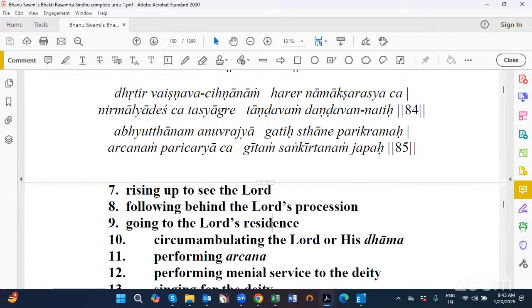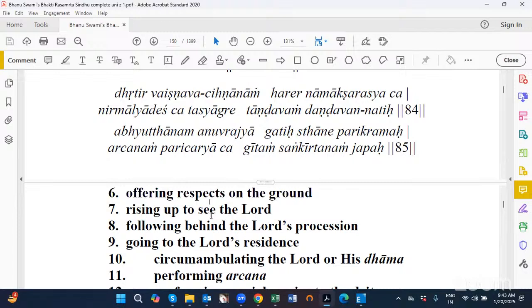Following the Lord's procession, that is Anuvrajya. Abhyuthanam means rising up to see the Lord. Four things are there: Abhyuthanam, rising up to see the Lord; Anuvrajya, following behind the Lord's procession; Gati Sthane, going to the Lord's residence, that means going to the temple.